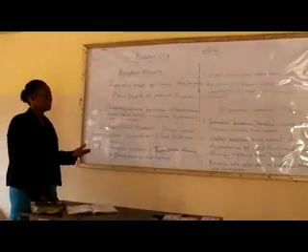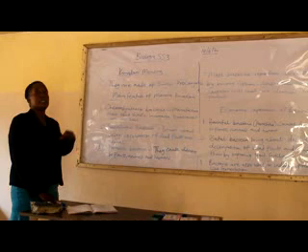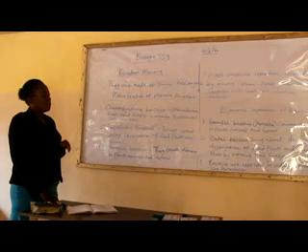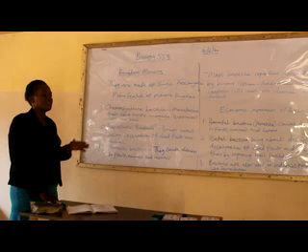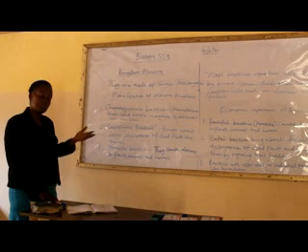We also use some bacteria in industrial processes like the production of some antibiotics. Most of the antibiotics we use in pharmaceutical industries come from bacteria.